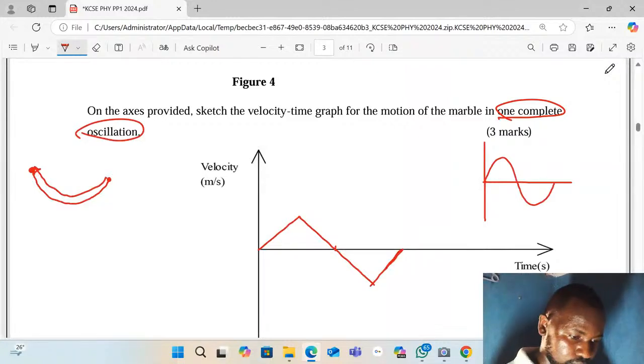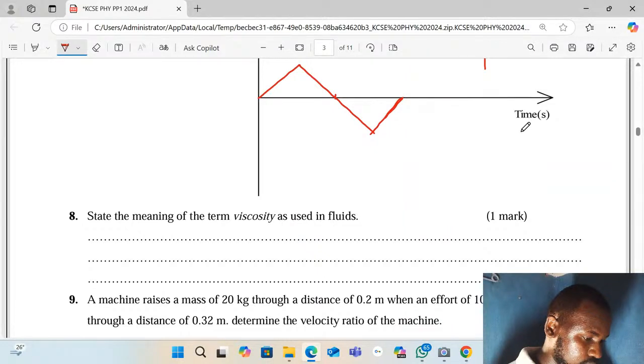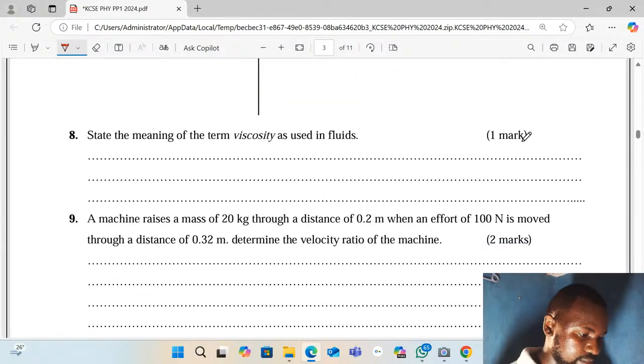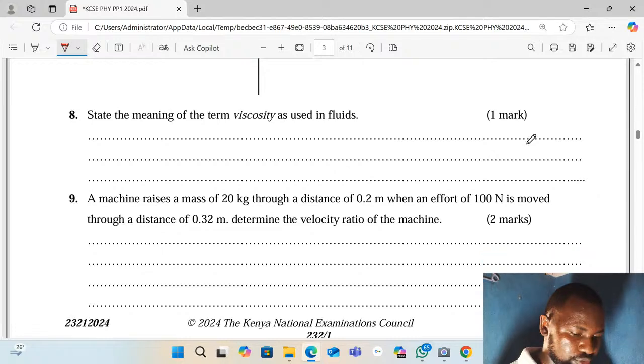Now we can proceed. State the meaning of viscosity as used in fluids.